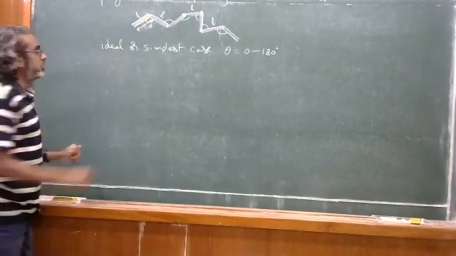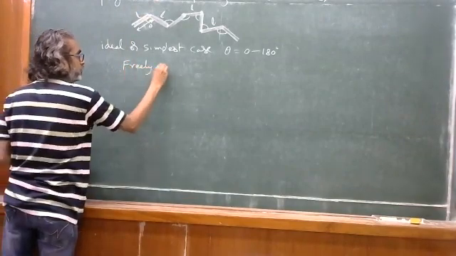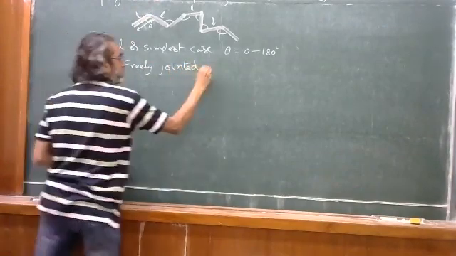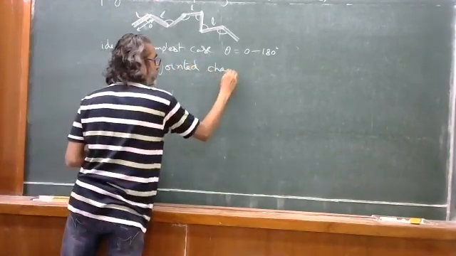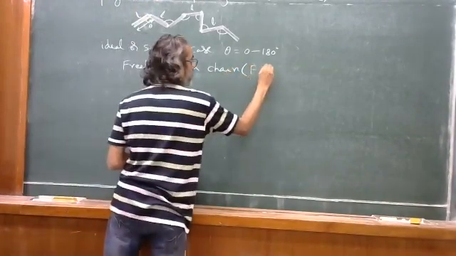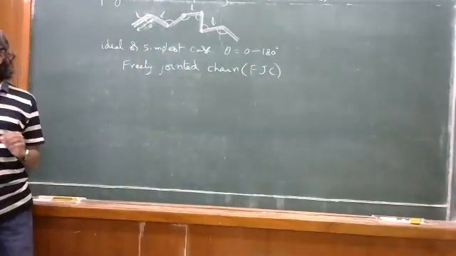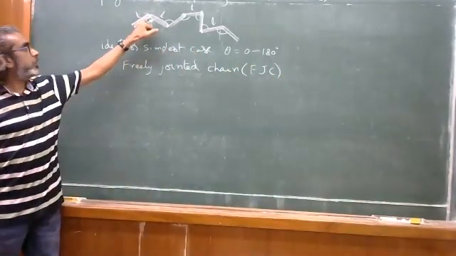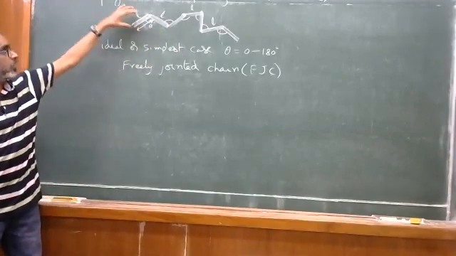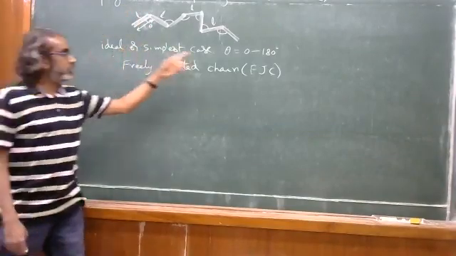This is called a freely jointed chain, FJC, because there is no restriction on theta. Like I said, it's hypothetical. You can never really have this.